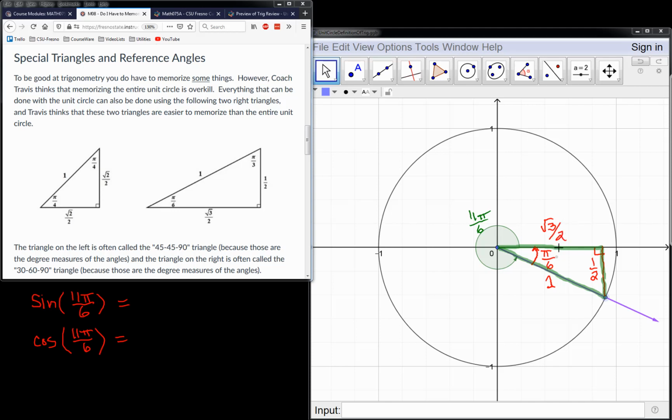So all right, now I think we know the coordinates of this point. Because remember, that was our ultimate goal, right? Our ultimate goal was to find the x and y coordinates of that point right there. And we now know the x coordinate is the length of this horizontal side, which is the square root of 3 over 2.